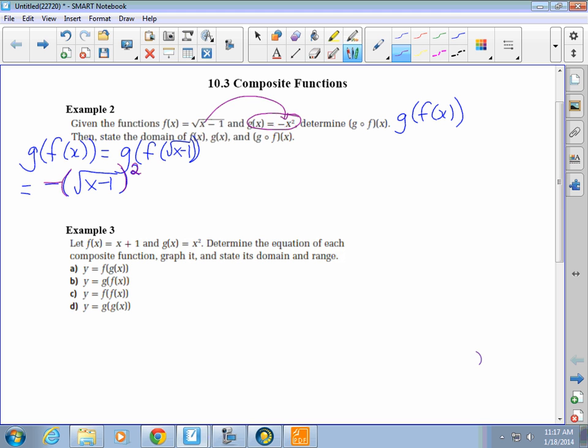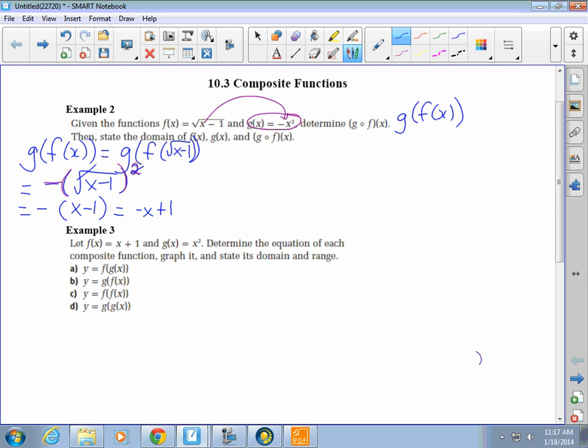In this case, because this particular question only had one x, that's the only place I'm substituting that in. So if I use my rules here, negative square root of x minus 1 all squared, well your squared and square roots just cancel, so that's just going to be x minus 1, which equals negative x plus 1. So that is your solution.